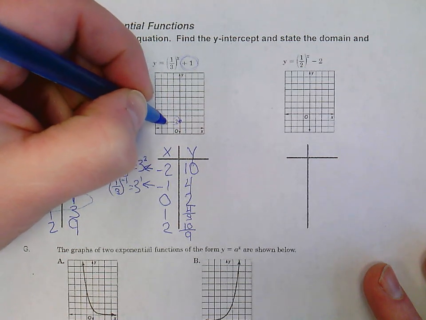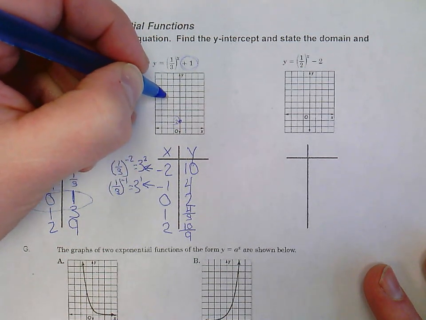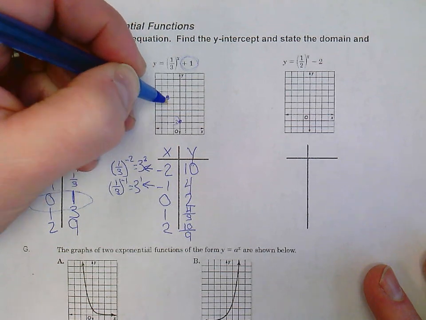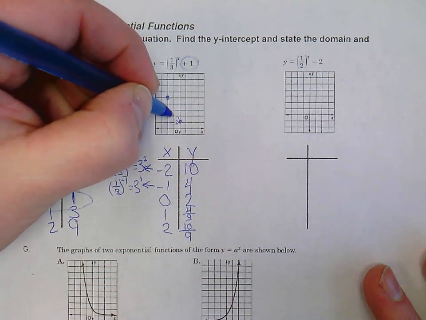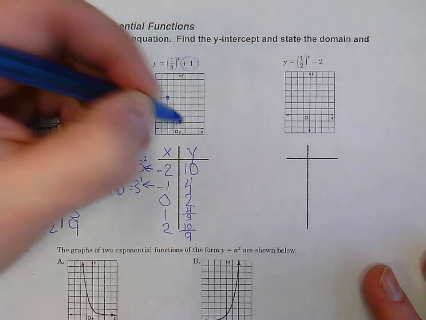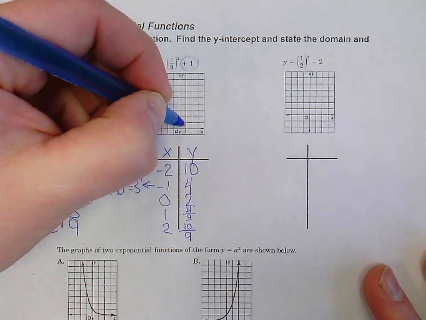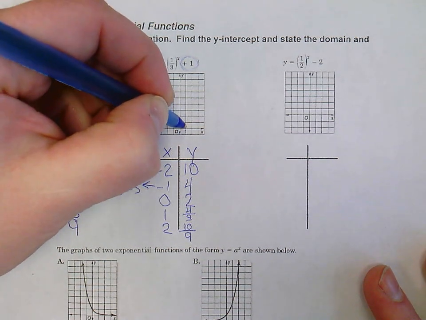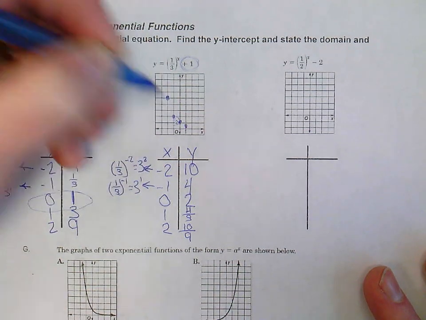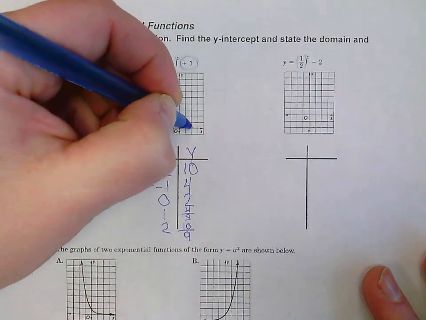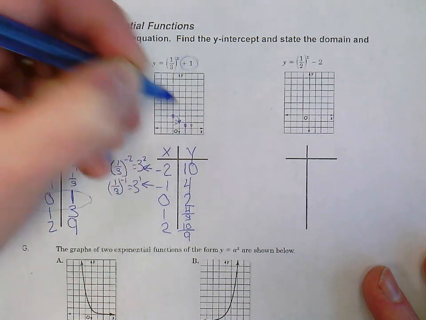-2, 10. So 2, 4, 6, 8, 10. 4. And then we're at just a little bit over 1. That's got to be just above halfway there. And still just a little bit over 1.